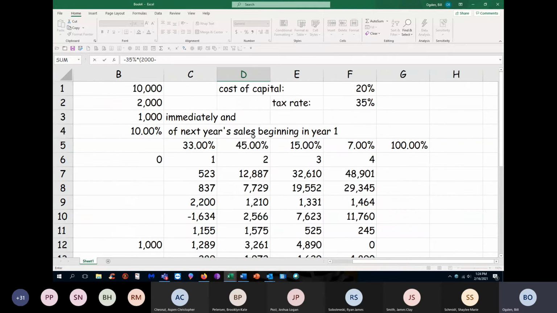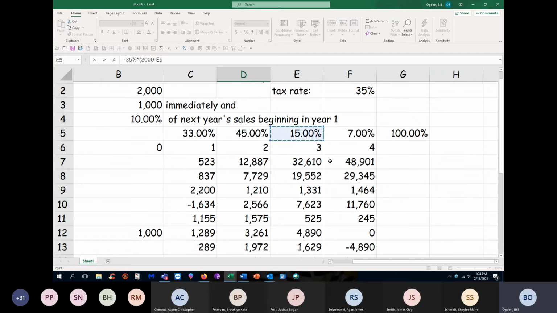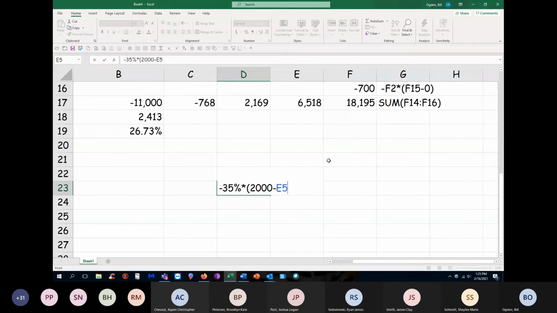Okay, so if we sell this at the end of year 2, we did not take the year 3 factor, we did not take the year 4 factor. So what we'll do, I'll just write these out.